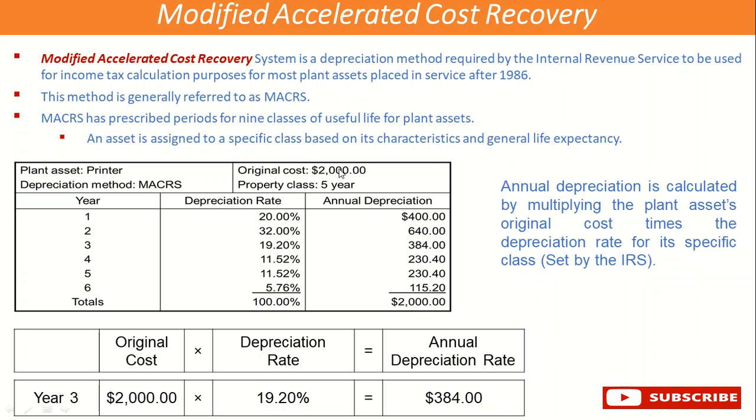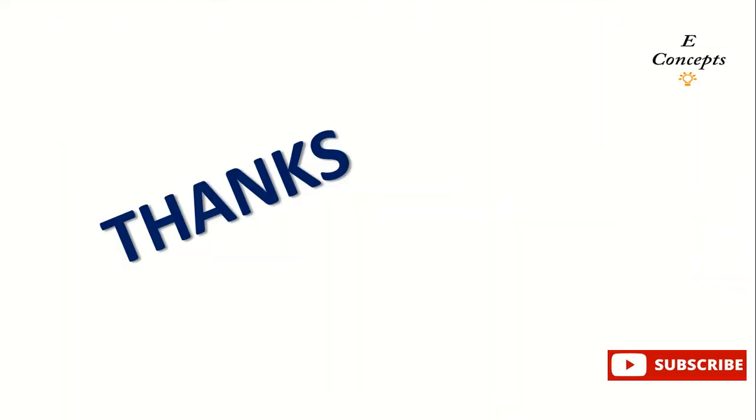That depends upon the department. It could be less as well, but in this case the depreciation rate overall for 5 years is 100%. It could be 90, 80, whatever the department wants. So this is the last procedure, or method, to calculate depreciation.